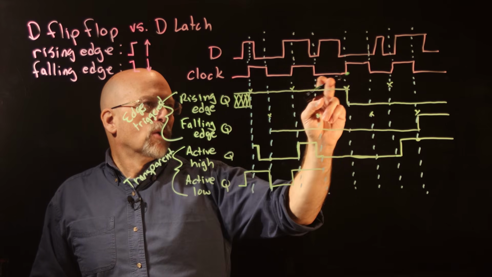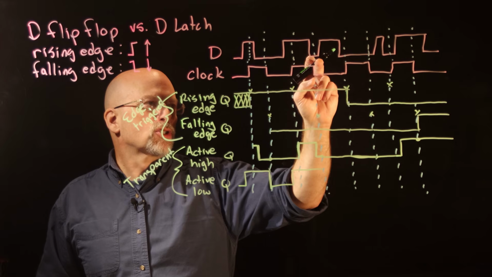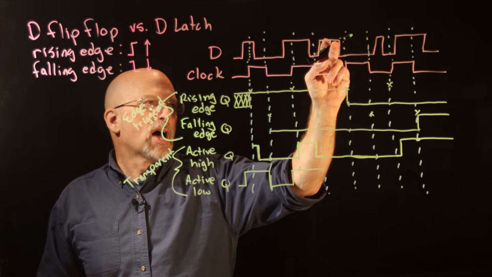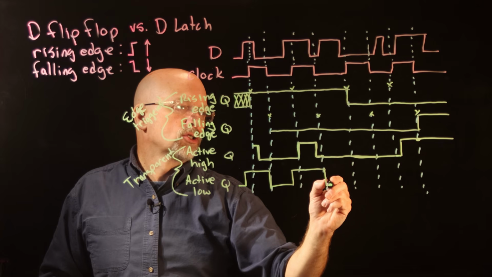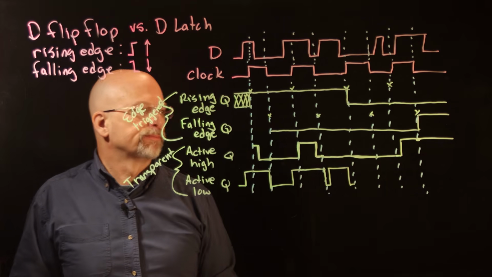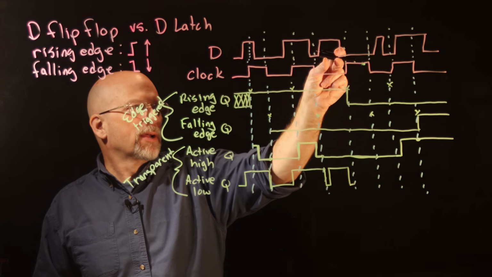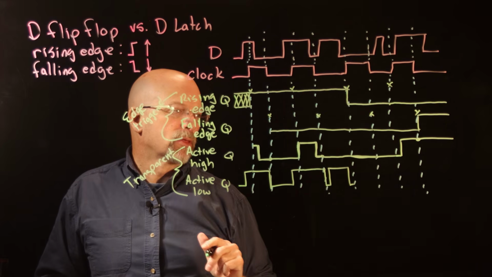This period right here, where the clock is low, looks like we go for just a short time low, have a high pulse, and then back to low. So that period right there, whatever D is equal to, Q is equal to the same thing.